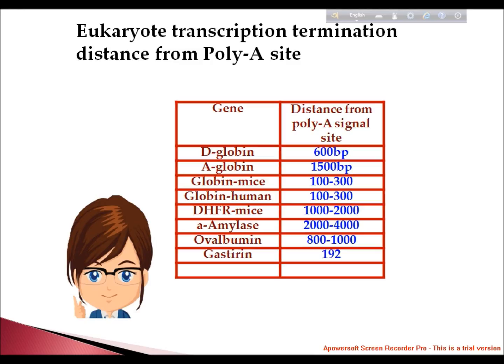The pre-mRNA at its 3' non-coding region contains certain sequences such as AAUAAA at about 20 to 30 nucleotides from the poly A start of the functional mRNA.